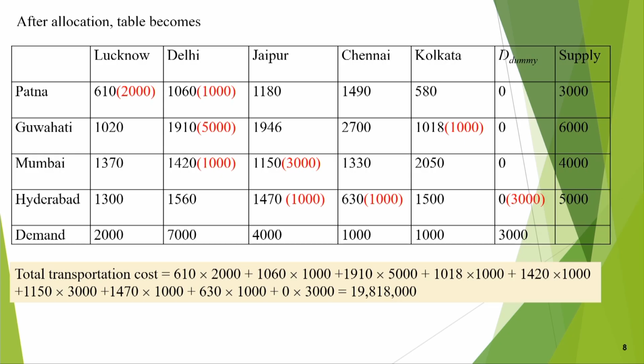But again you have to find out U and V in the same manner. So if I do that, this may be even faster. I can say like this, that here U1 is equal to 0, it may take some time, and V1 is equal to 610 because this is filled up, and I can say V2 is equal to also 1060, like that I can do that type of thing.